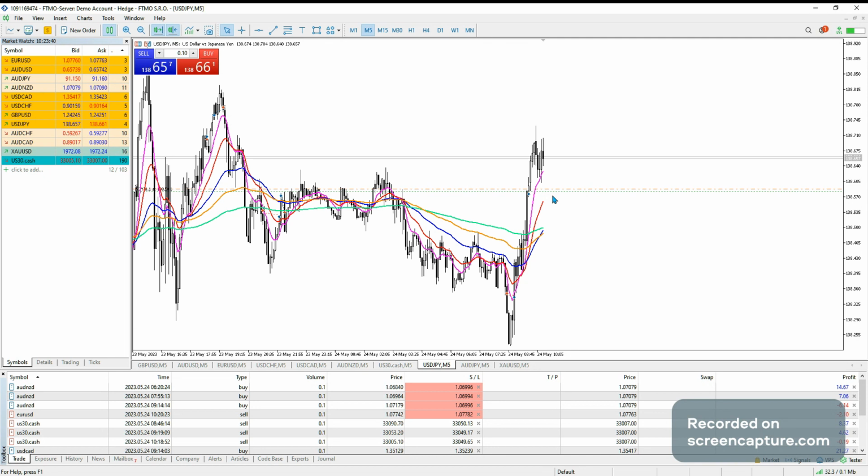At first I bought and my stop loss was here, and then, when it was possible, I moved my stop loss to a little bit of break even, or with a slight profit or a slight loss. It doesn't really matter, but that's the point.